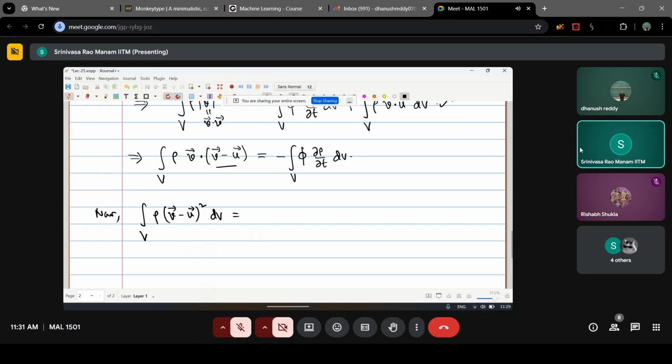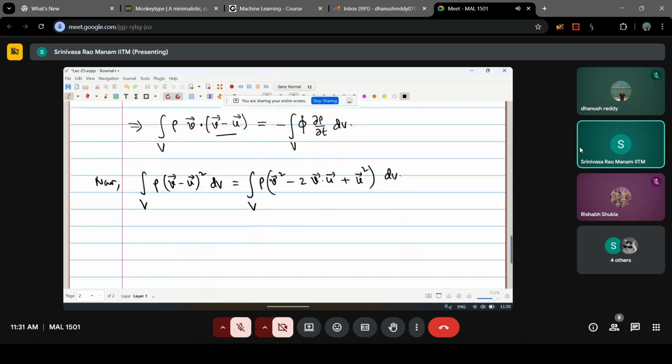dV is actually equal to integral over V of rho into v square, plus, let me write it, minus 2 into v bar dot u bar, plus u bar square. The square means u dot u, so u bar dot u bar is basically the square again. So this is your dV. What is this equal to? Now use this one.